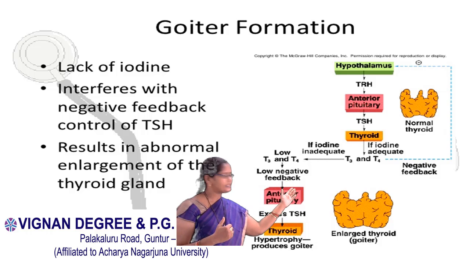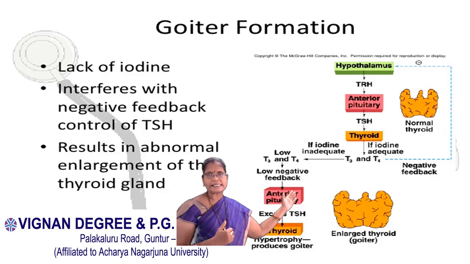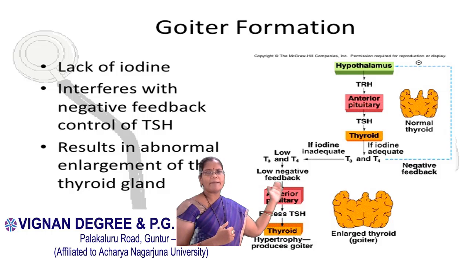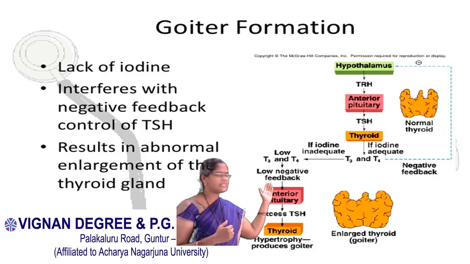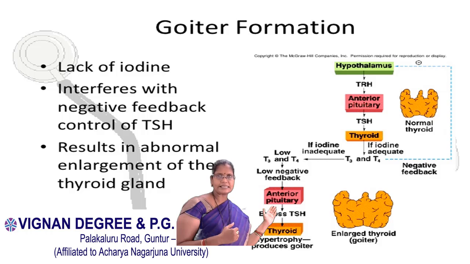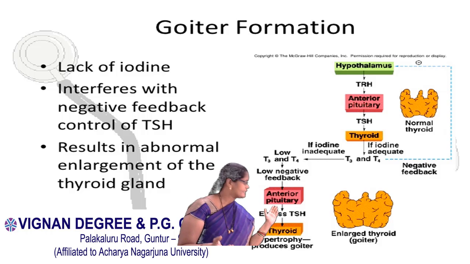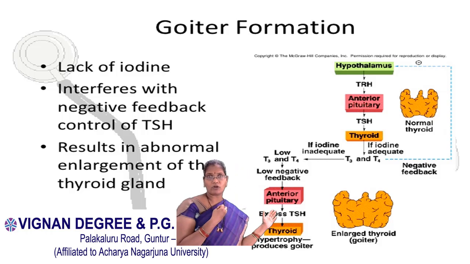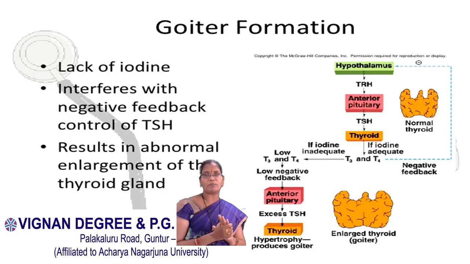So we are getting T3, T4 hormones. What will happen is, low amounts will cause low negative feedback. That means the effect on the anterior pituitary gland will be low. As a result, excess TSH will be secreted, and this excess will act on the thyroid gland and cause hypertrophy, which leads to goiter.